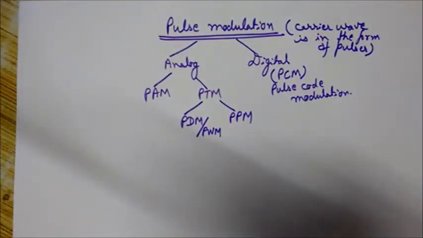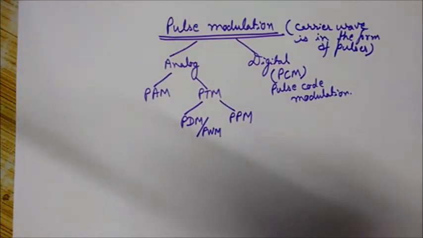So now we will define the analog pulse modulation types. Here we will see what is pulse amplitude modulation, PAM, pulse width modulation, PWM, and pulse position modulation. After defining each of these modulation techniques, we will also understand them with the help of waveform diagrams.